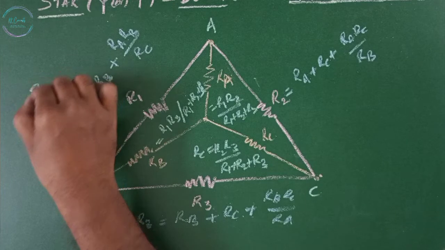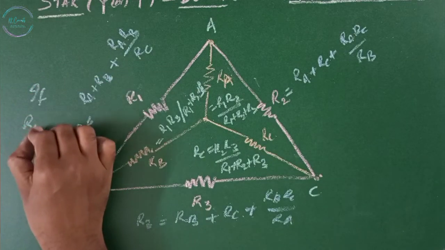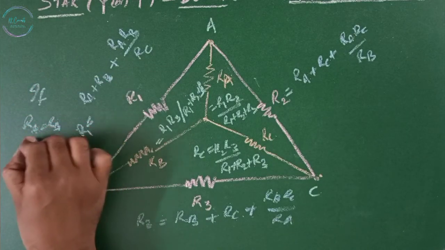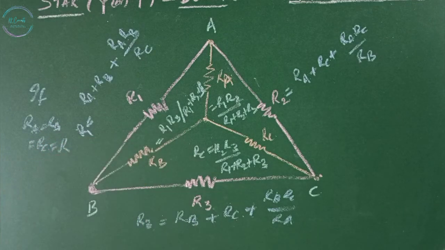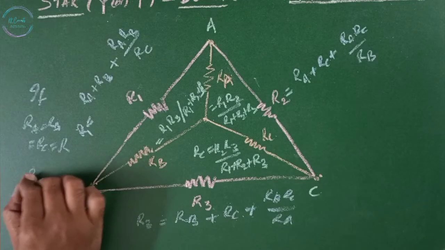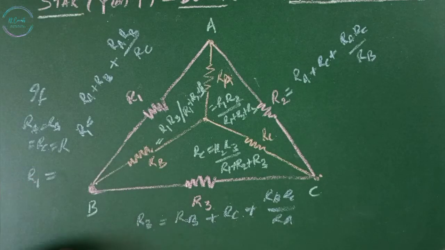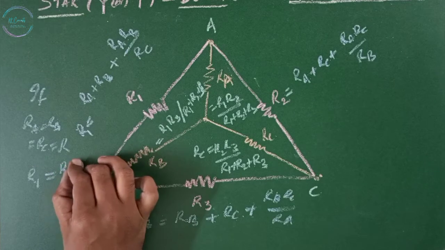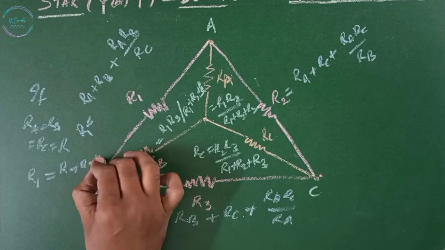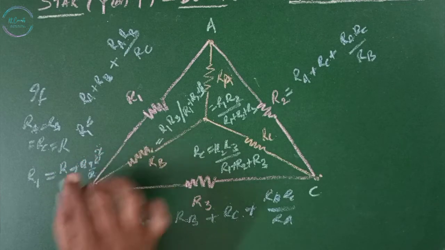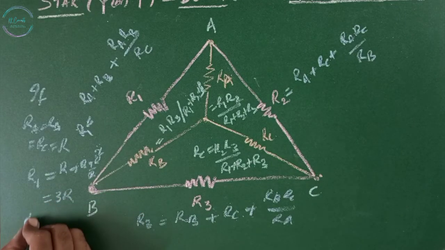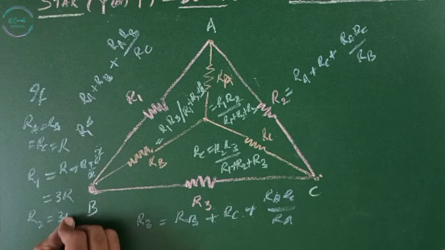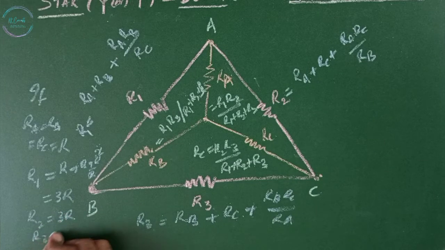If RA equals RB equals RC equals R, that means the star network resistances are equal, then R1 equals R plus R plus R squared by R, or 3R. Then R2 equals 3R, and R3 equals 3R.